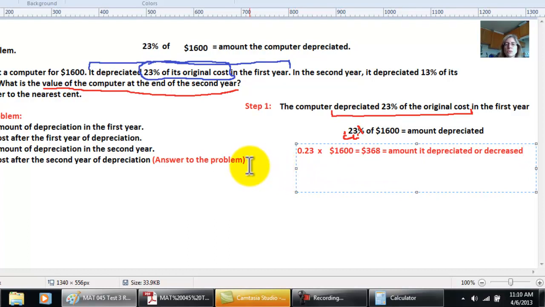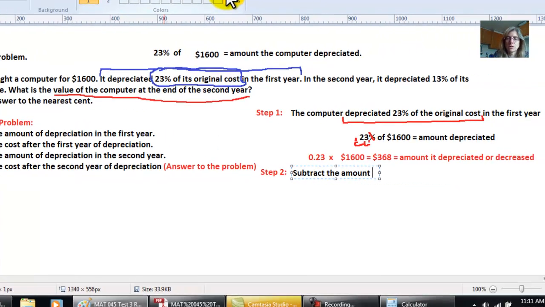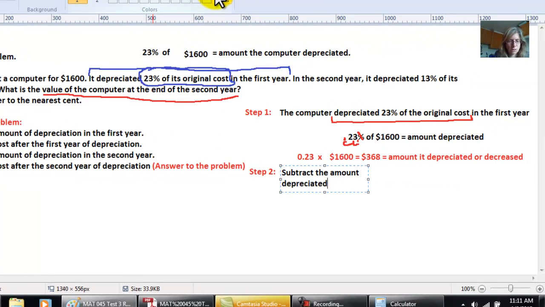So our step number 2 is to calculate the cost after the first year of depreciation. The new cost of the computer is another math problem. We have to subtract the amount depreciated from the original amount.